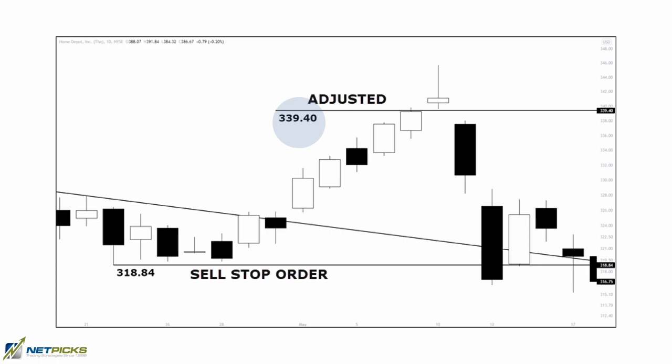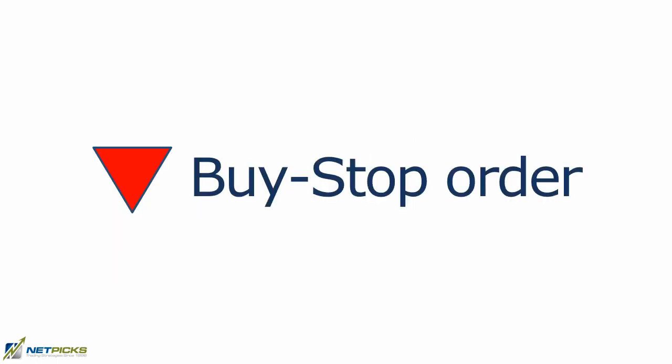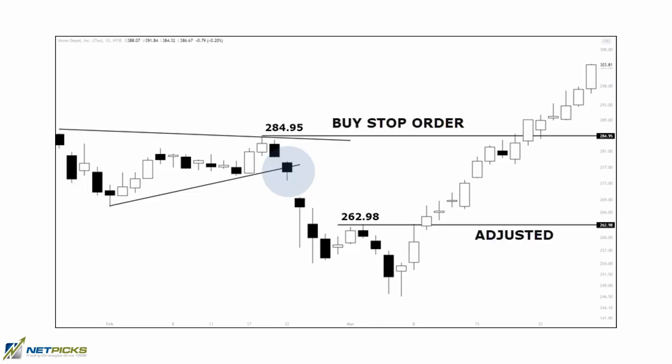Buy stop order, we're just going to flip that. If you're short an instrument, you place a buy stop order above price to exit if the market puts in a rally. Let's assume that you enter this trade just before the close of the day on the break of the triangle pattern, and you entered at $275.75. It doesn't matter how you choose to place your stop order; we're just going to place one.